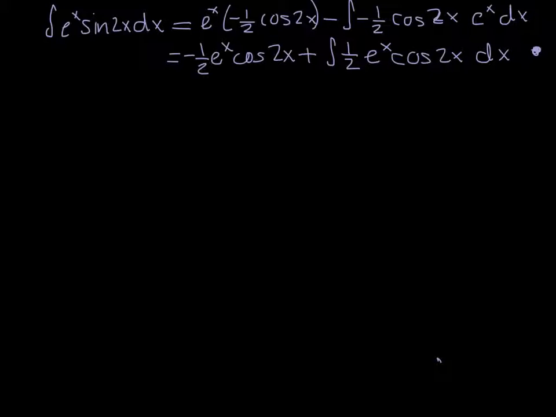So I'm going to change the color in order to help you. We need a choice for u, and I'm going to do the same, e to the x. Its differential will be e to the x times dx. And the right choice for differential of v will be cosine of 2x times dx.